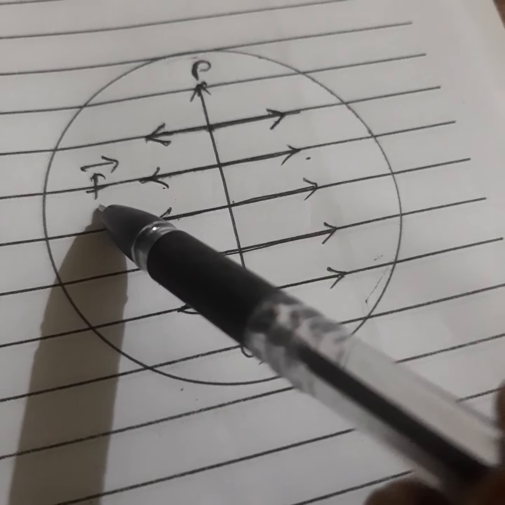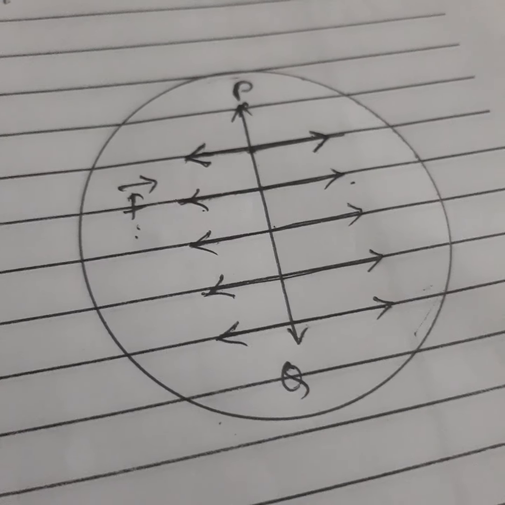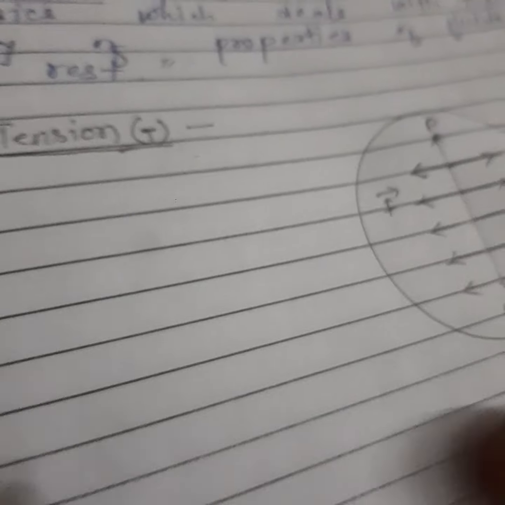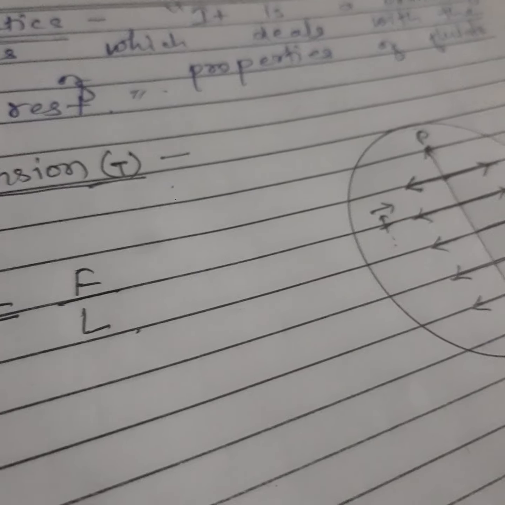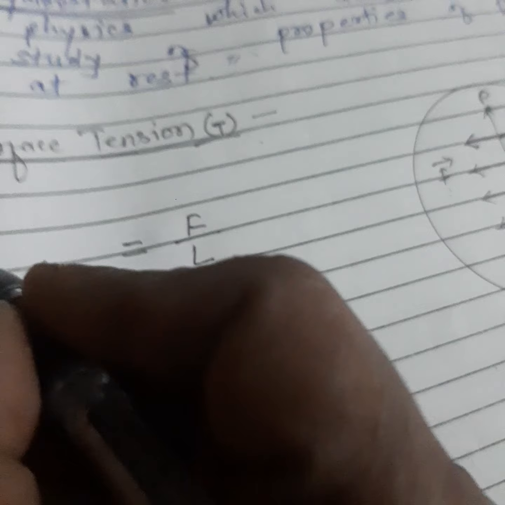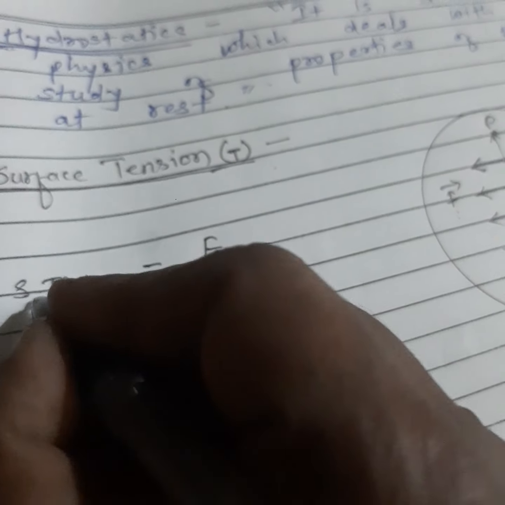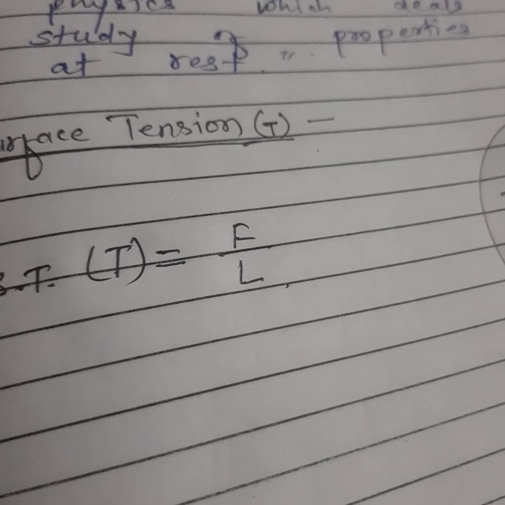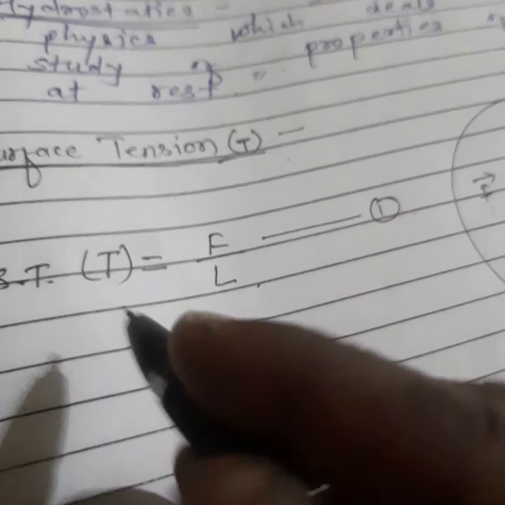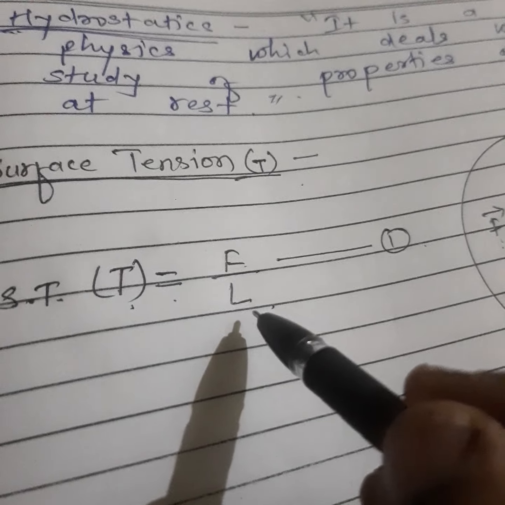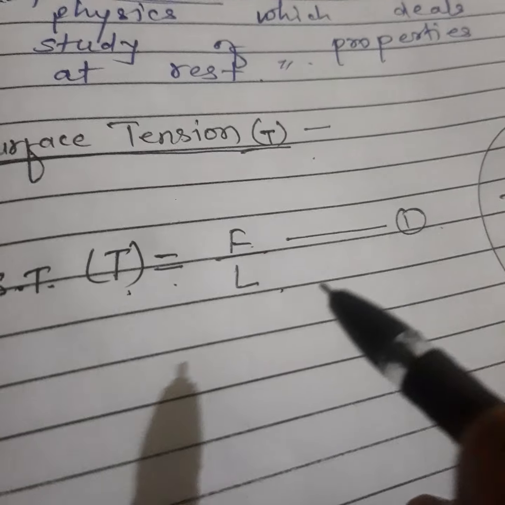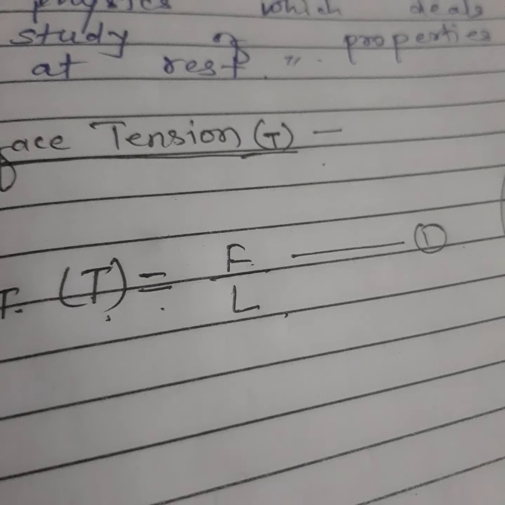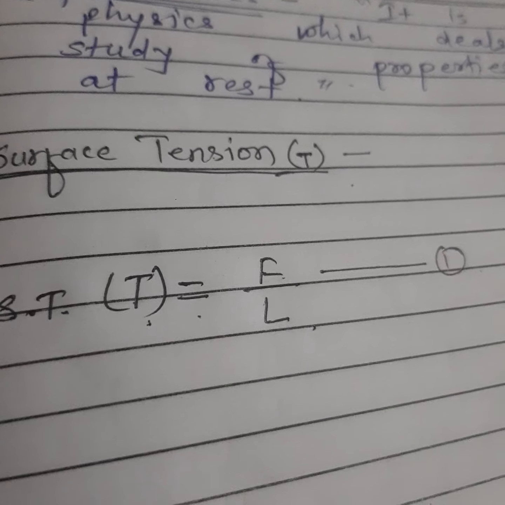This tangential force per unit length of imaginary line is nothing but surface tension, and this surface tension is represented by capital T. Therefore, T is equal to F by L. Thus, we can define surface tension.